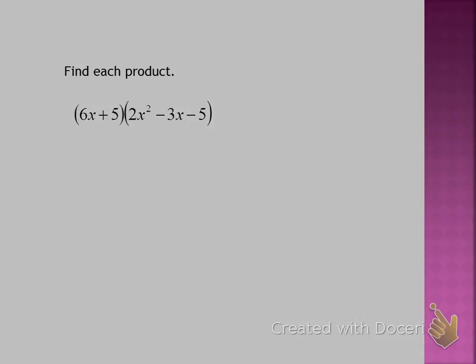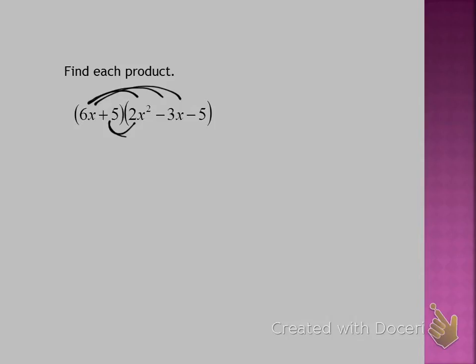You got to multiply every term inside the binomial times every term inside the trinomial. There's no technical term for it. I call it triple-double distributing. So you see that? You distribute the 6x 3 times.